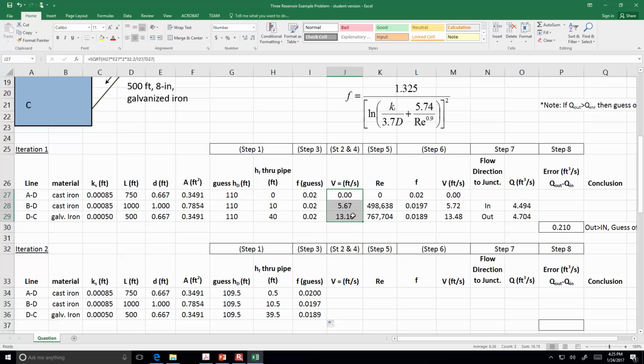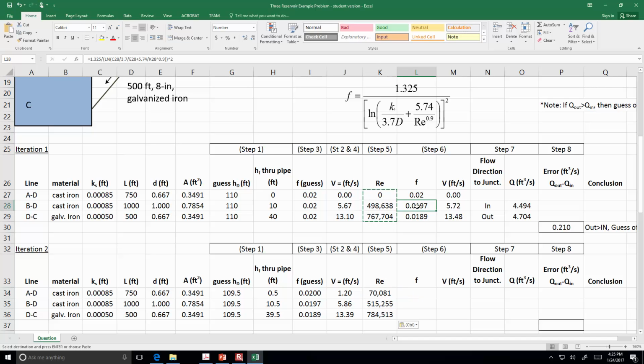I can copy and paste in the Darcy-Weisbach calculations of velocity. I can copy and paste my calculations of Reynolds number. And it's so nice, with two keystrokes, I can save all those paper calculations of finding my Reynolds number over again. All right, so we've got a better Reynolds number.